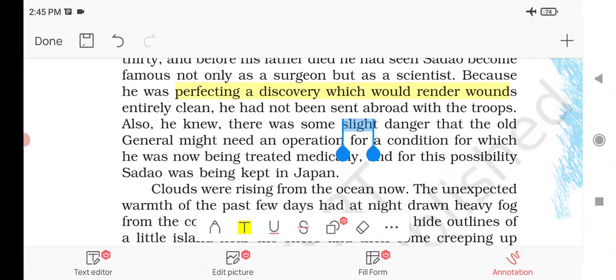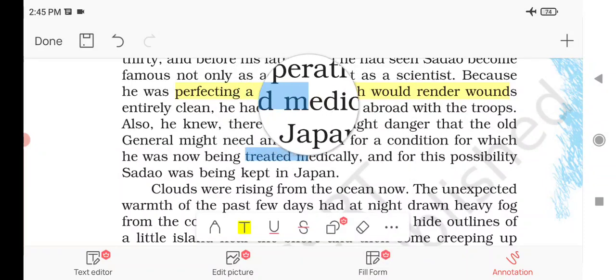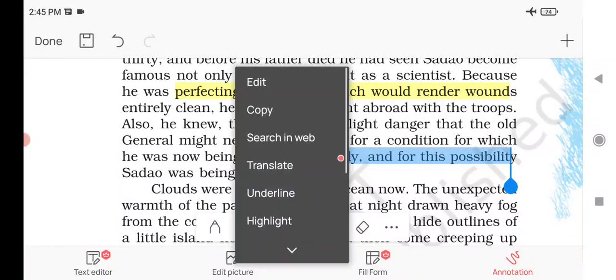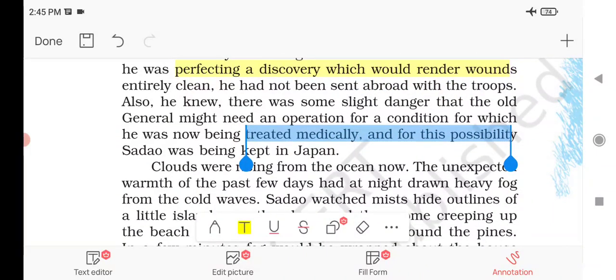And the second, because he was a very qualified general doctor or surgeon, there was a general in the Japanese army who was undergoing some treatment, right? And it was likely that he would require an operation, right? That is why Dr. Sadao was kept in Japan.